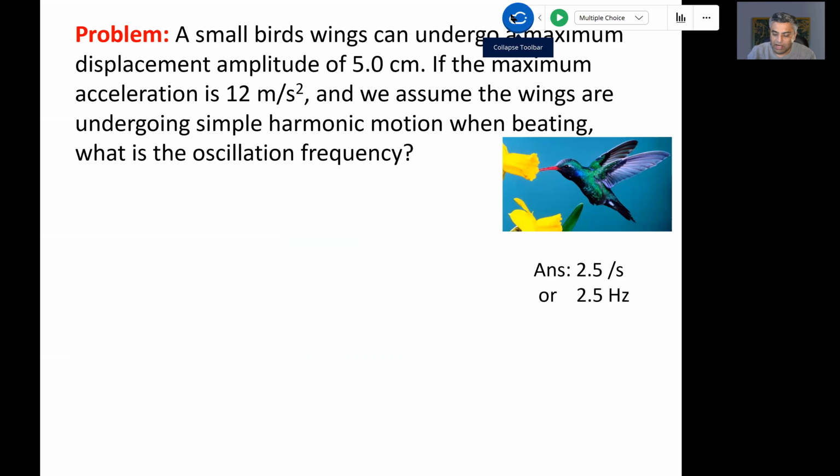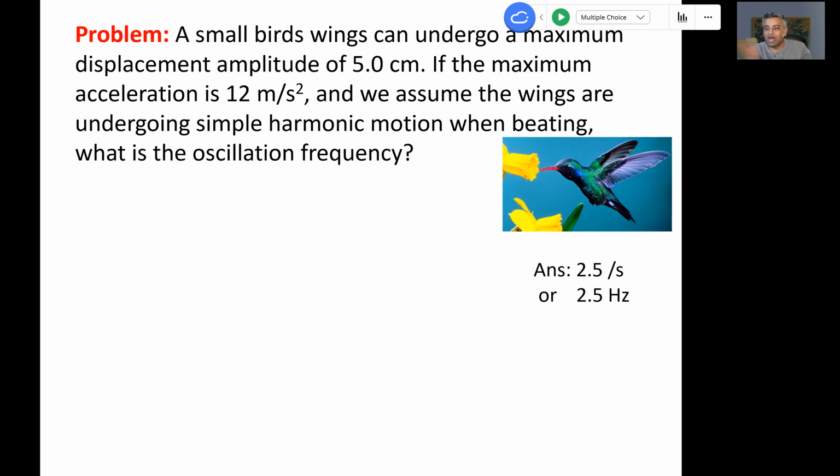So see how we can translate that and describe the motion of a wing. This bird flaps its wing so many times every second, okay? It's going really fast, going back and forth.